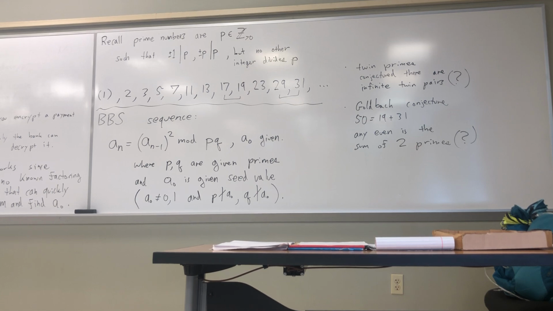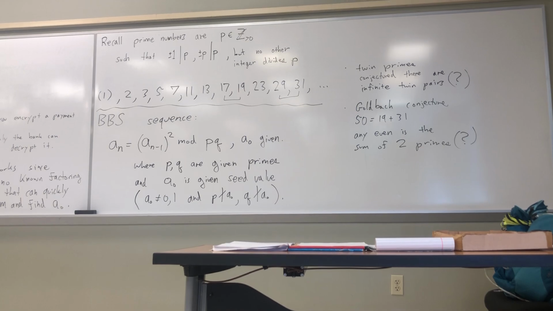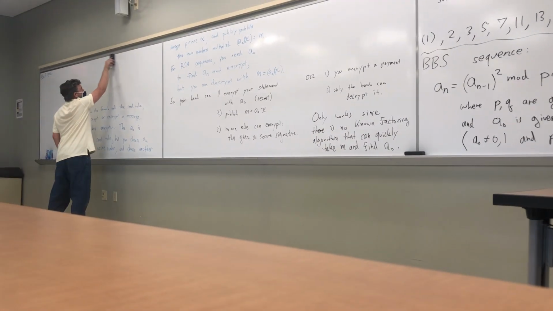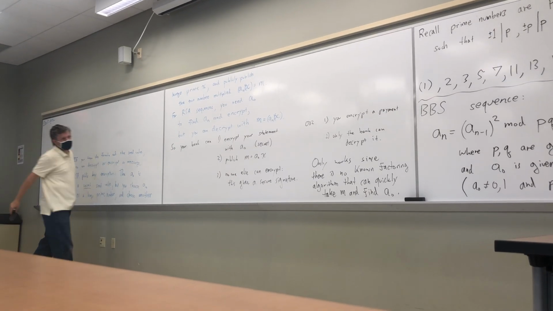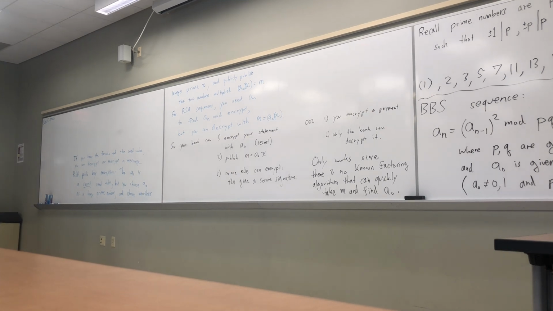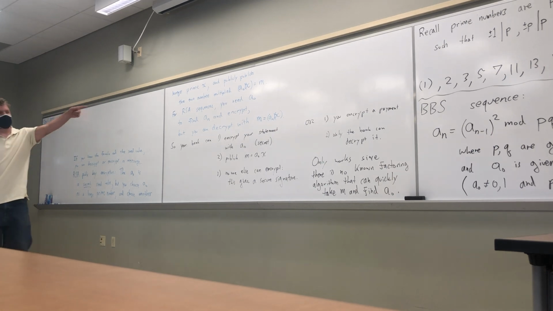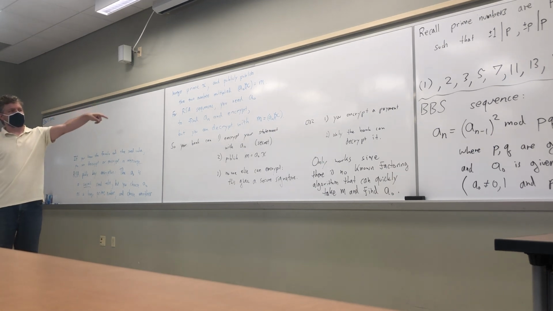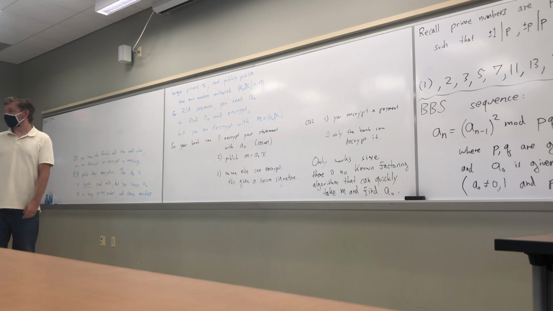Wait, how are there infinite twin pairs with the twin primes? Oh, for that one, I don't know, you can kind of believe that maybe it would be false. Nobody knows, but they're always finding new ones. They're further and further apart. At first they're all twin, like 3, 5 and 5, 7, but then they start skipping.